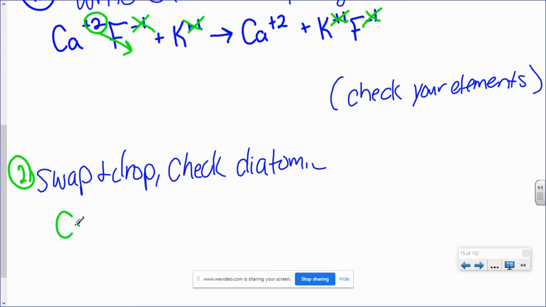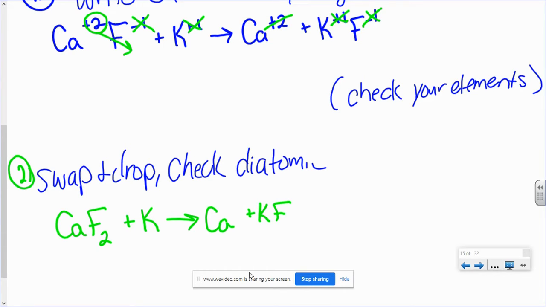So I'd write this as Ca, F will now have a 2 down low. Okay. This element was by itself, so even if it didn't have a 1, we don't care about the charges. This Ca is also by itself, so since there's no one to swap and drop the charge with, it goes away. And then KF. So that would be our equation.